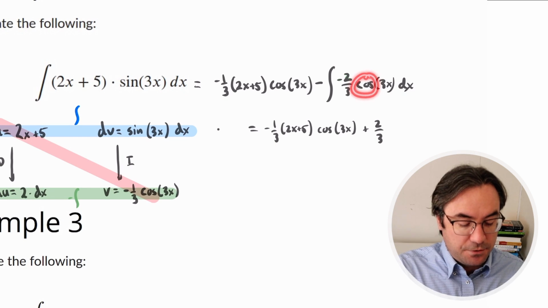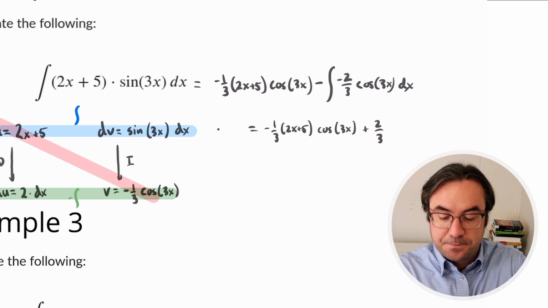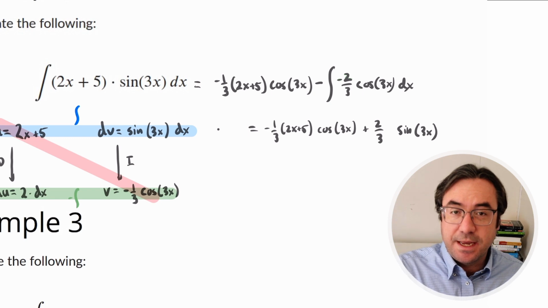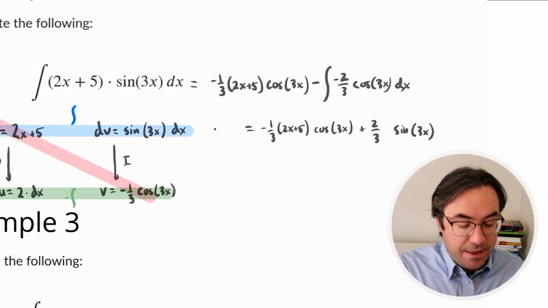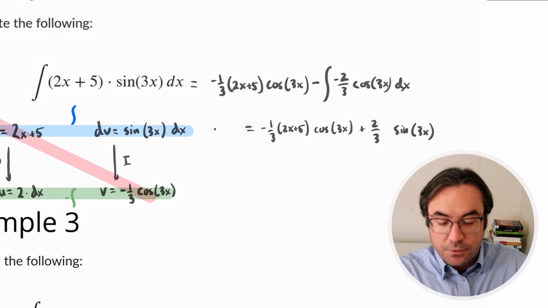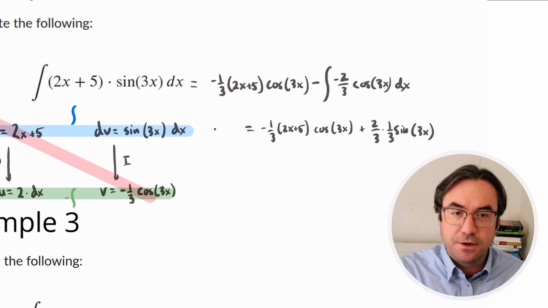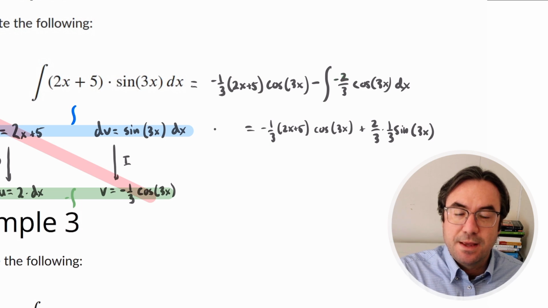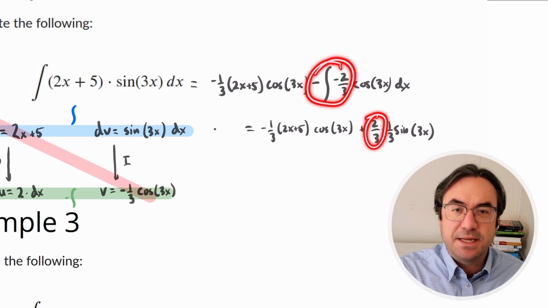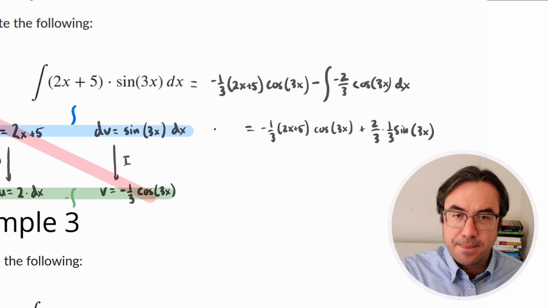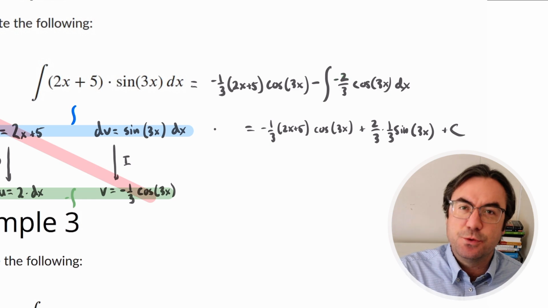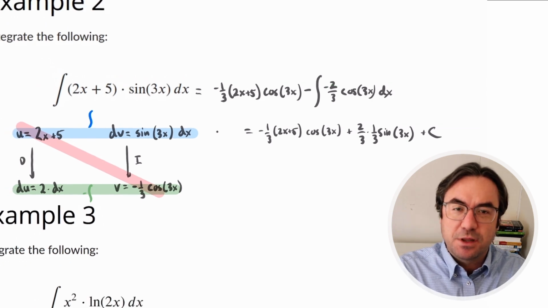The antiderivative of cosine is sine. For a k-form, we keep the inner term the same, so it's going to be sine of 3x. And then we take that constant k in front of our x, flip it, and put it in front of the trig function. And again, that 2/3 became positive because of the double negative. And that's it. Since we're doing an indefinite integral, we don't want to forget our plus c at the end.